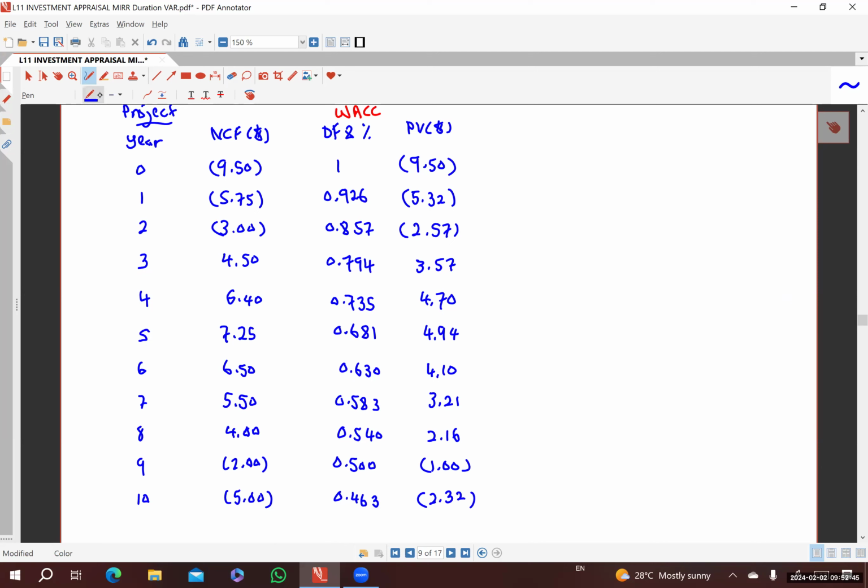Outflow is present value of the investment phase. This is 17.39. From the first positive onwards, in between negative, we don't care. This is present value of the return phase. We add all together, 19.36. The discount rate must be WACC, remember.